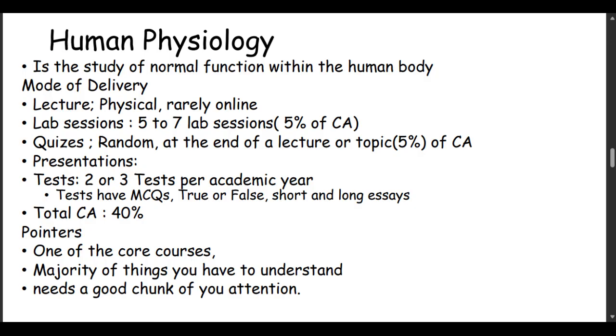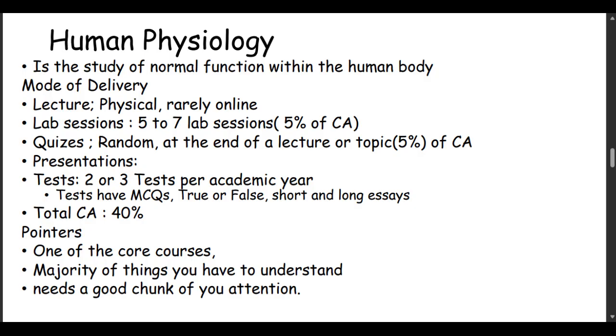For example, you learn about the skin and its different cells in anatomy. Then in physiology, you talk about what those cells do and by what mechanism. One of the skin's functions is to maintain homeostasis in terms of temperature, thermoregulation. How does it do that? You're going to be learning that in human physiology.